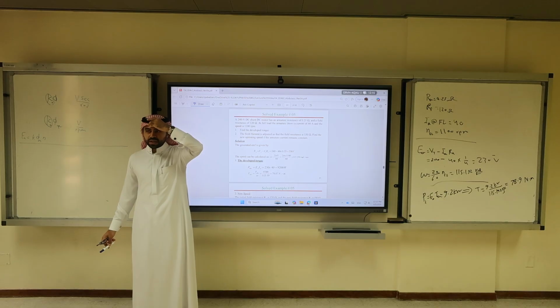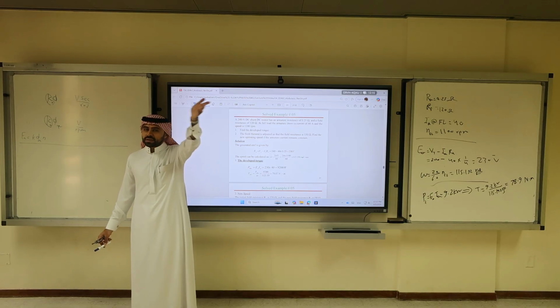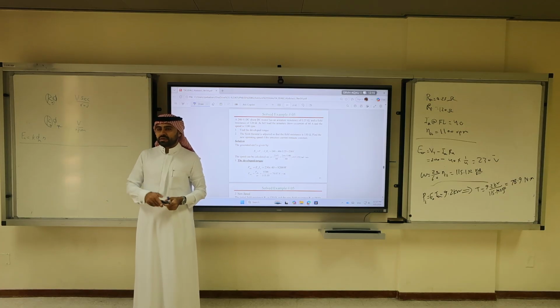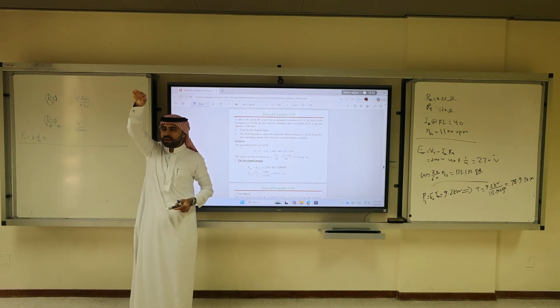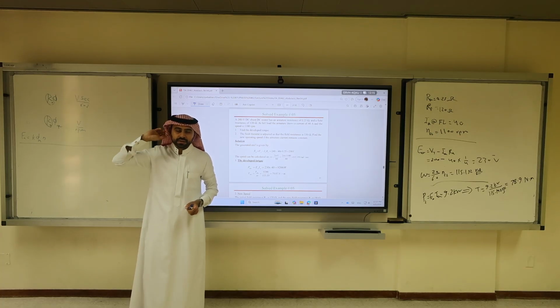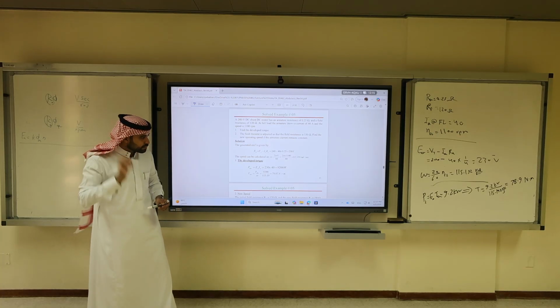For some assumption, maybe you have a current limiter, like in the project. In the project we have a current limiter. Remember, there is a maximum limit for the current that the motor draws. That's the purpose of a current limiter, from its name.